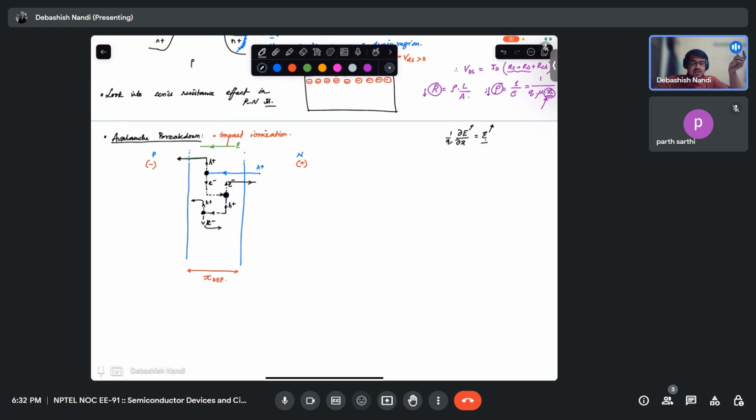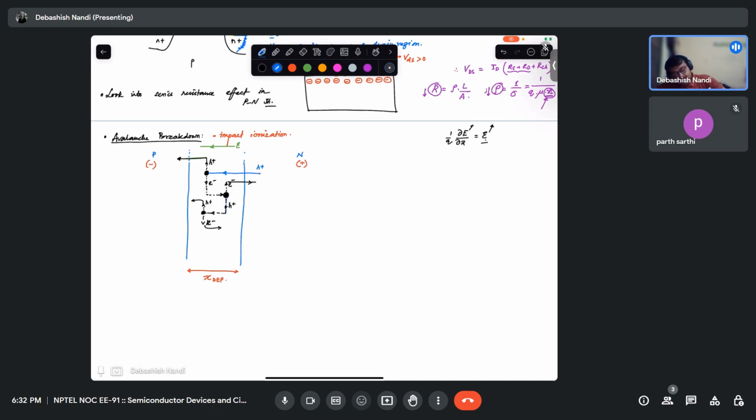In this way, there will be an avalanche, or a storm of holes and electrons. Those holes and electrons will contribute additional current, and that will lead to the breakdown. This is the mechanism of avalanche breakdown.